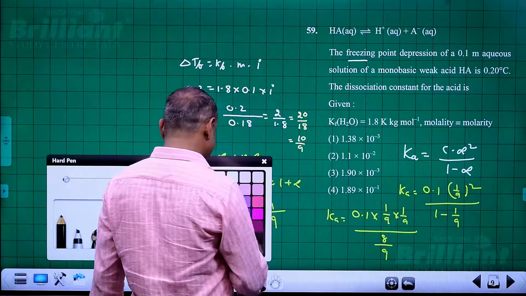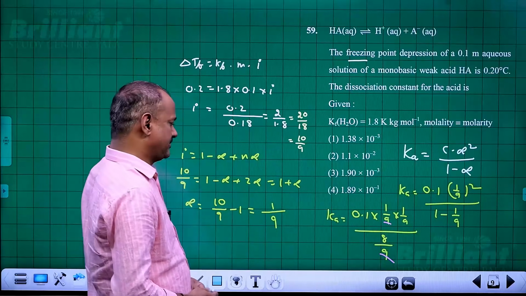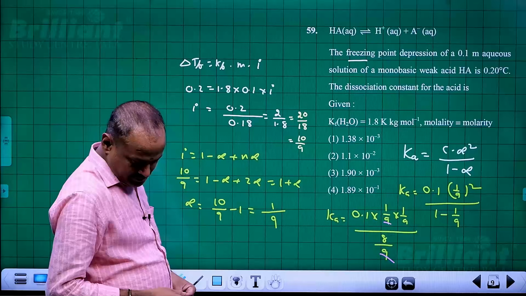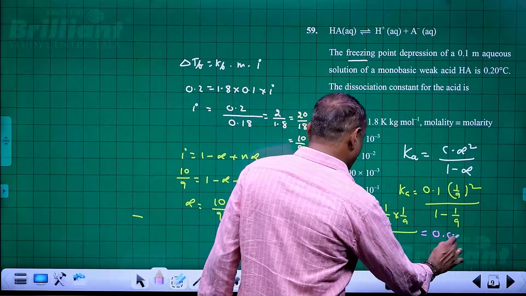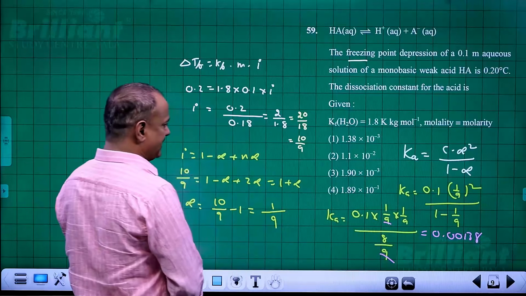So the 9s cancel. Next, 0.1 by 72 is 0.00138. So 1.38 into 10 raised to minus 3.